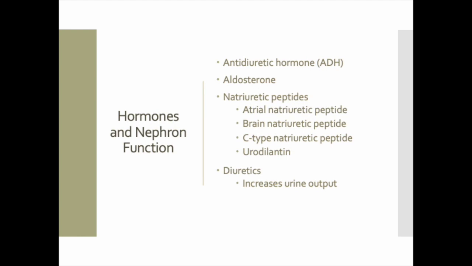And lastly, of the natriuretic peptides, we have urodilatin. This is a peptide that's secreted by the distal convoluted tubules and collecting ducts. It also causes vasodilation, and it has a similar effect to the natriuretic and diuretic effects we're looking for.